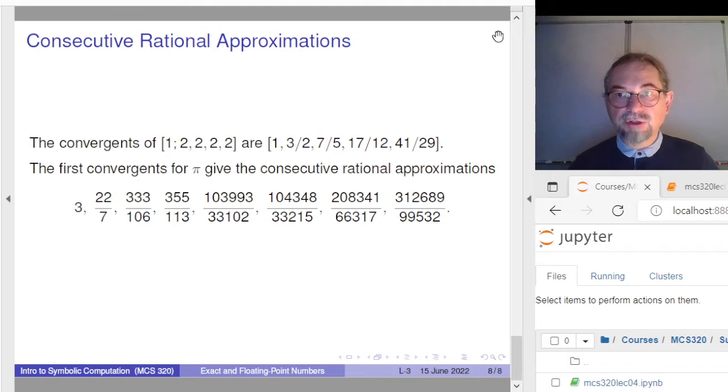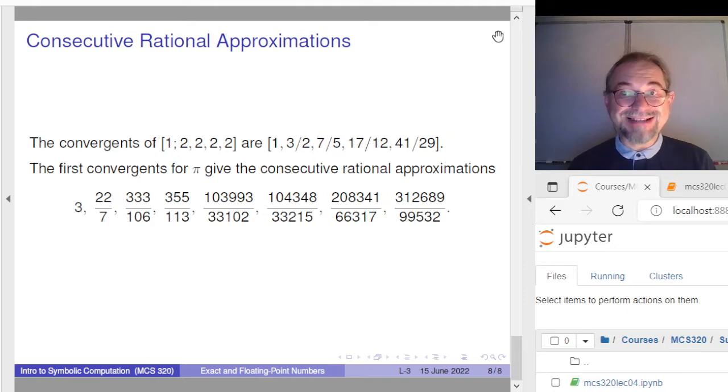These are now the first 5 best rational approximations that you can make. So the convergents give you rational approximations of increasing accuracy. The slide ends here with the list of convergents for pi, and you actually see the 22 over 7 there, and you see the increasing length of the numerator and the denominator.